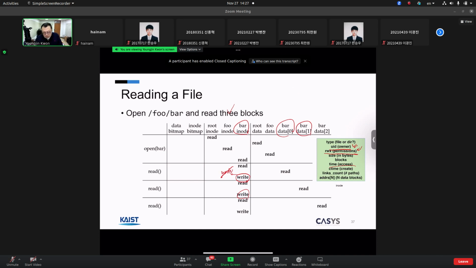The modification time is updated by a data write, not an inode write. So there is no write operation on foo data, so the foo inode's access time is never modified because no foo data write happens. Only read, right?